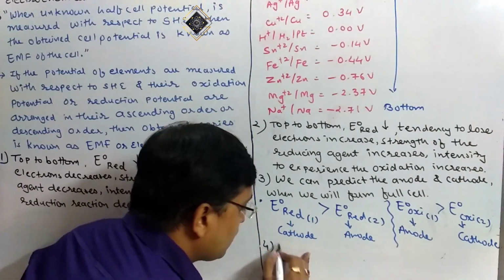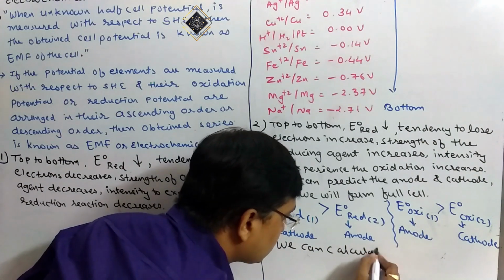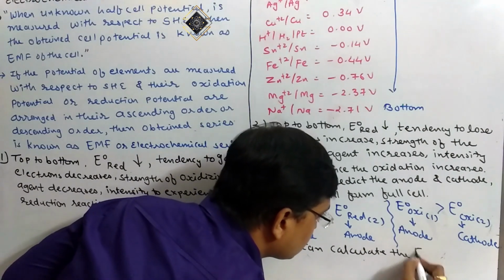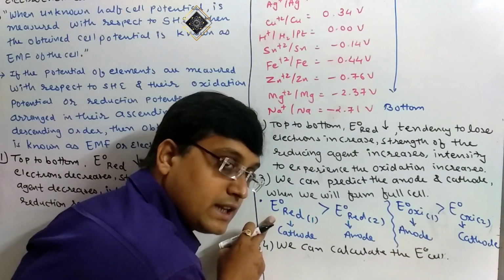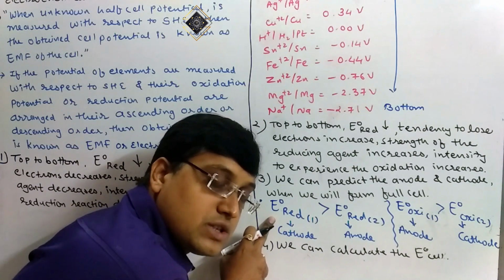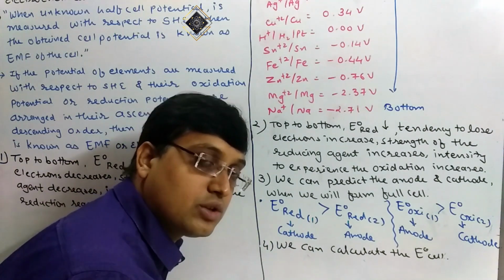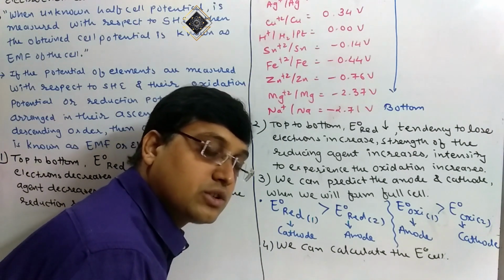Fourth, we can calculate the E0 cell. If we know anode and cathode, then E0 cell is equal to E0 oxidation of anode minus E0 oxidation of cathode, or E0 reduction of cathode minus E0 reduction of anode.